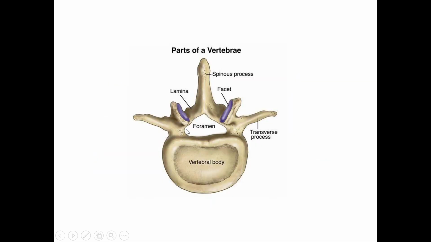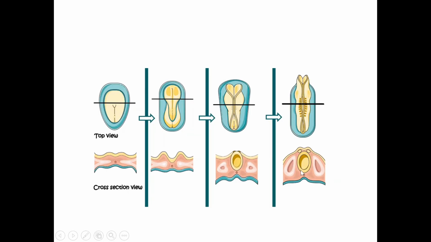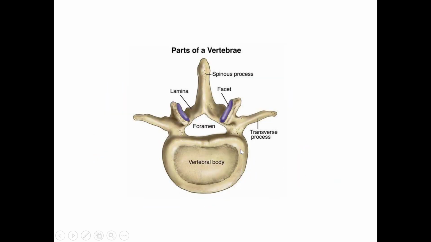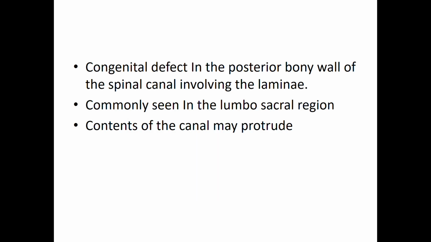This is how a vertebral body, or a vertebra, is formed. So till now we saw how the spinal cord and the vertebral column are formed.